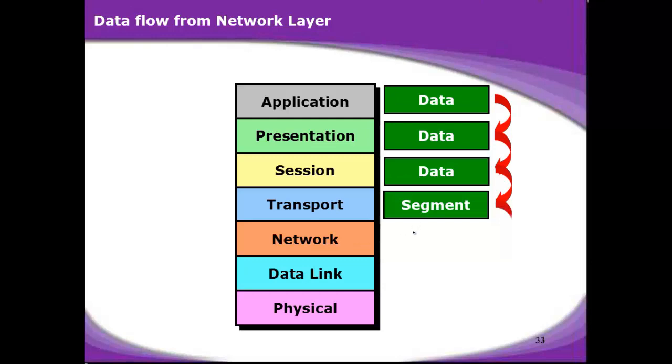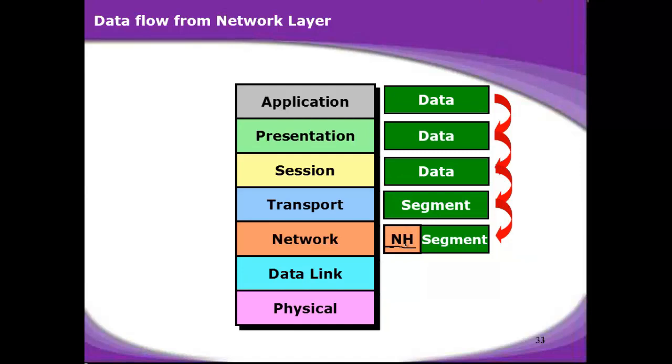Then that segment is given to the network layer, and it is encapsulated with the network header. This network header contains the source IP address and the destination IP address and many other fields, like time to live, meaning how many hops this packet is going to travel, and the upper layer transport or protocol information, like who generated this segment, either TCP or UDP.